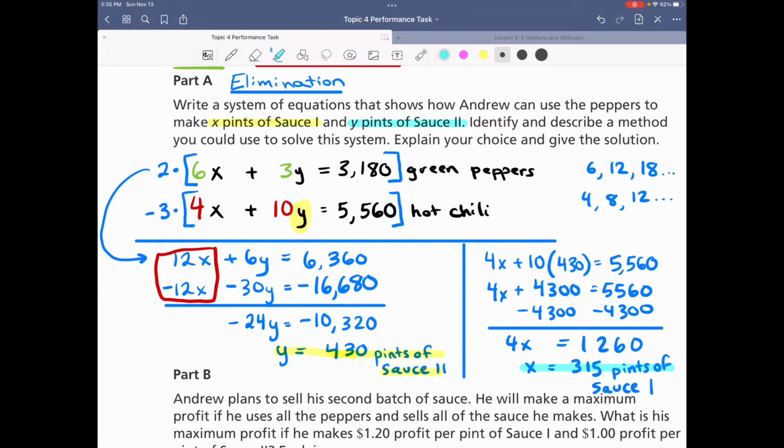Oh, I highlighted these the wrong color from before. So if I wanted to be consistent, sauce 1 would need to be blue highlighted, and sauce 2 would need to be yellow highlighted. Not a big deal, but if you're color coding, you want to be consistent.